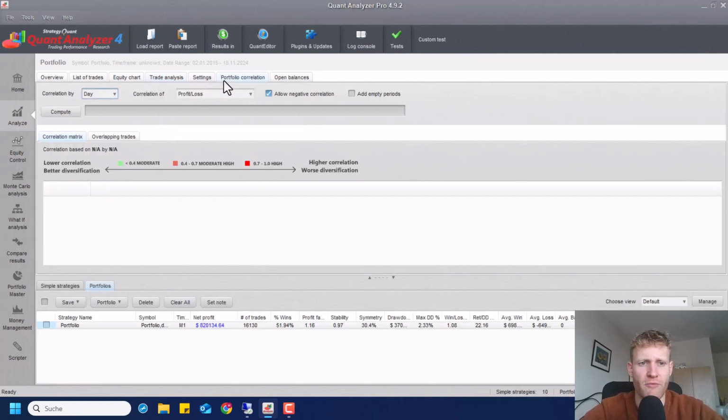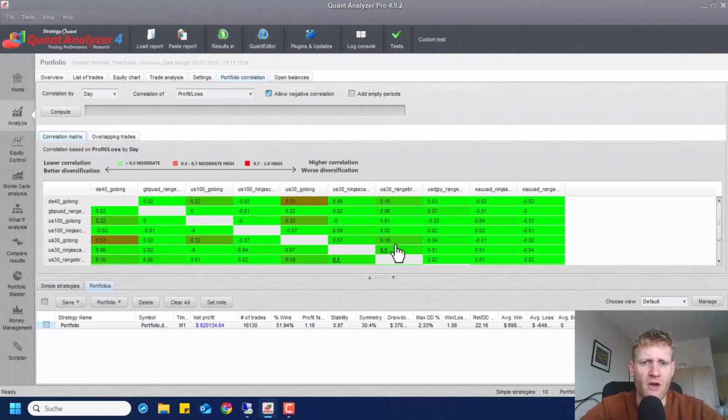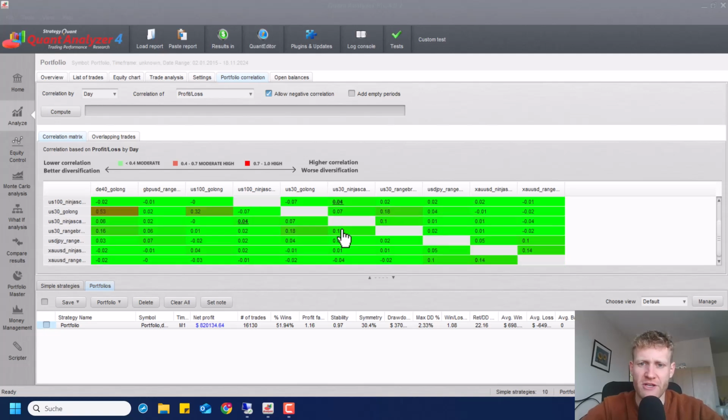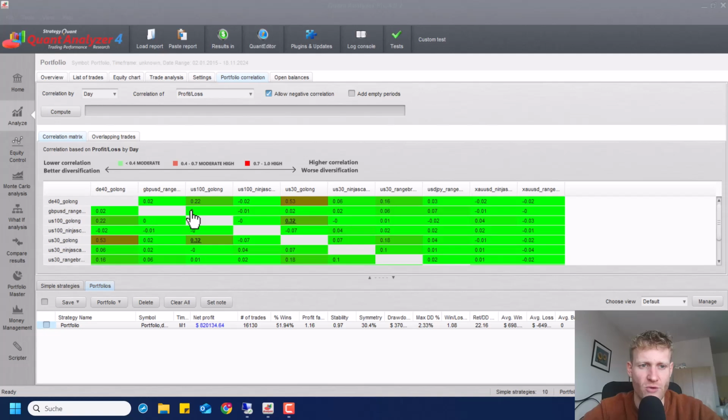And now also the correlation, I talked about this before. If we have a look at the daily correlation for this portfolio, for example, we can see there is some correlation going on, of course, because I use, for example, the go long strategy here in US 30, US 100 and DE 40, which is definitely highly correlated, but we can also see a lot of these other strategies are not super highly correlated, which is a very, very good sign.